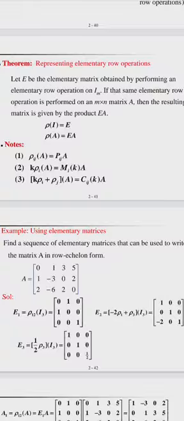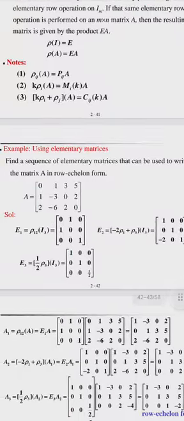So the row operation on I gives E, and the row operation on A gives EA. First, row i j interchange of A equals Pij times A; k times row i of A equals Mi of k times A. Third one is k times row i plus row j of A equals Cij of k times A.